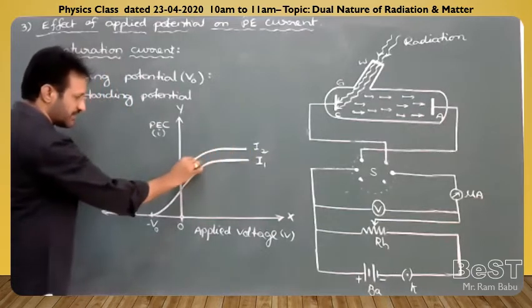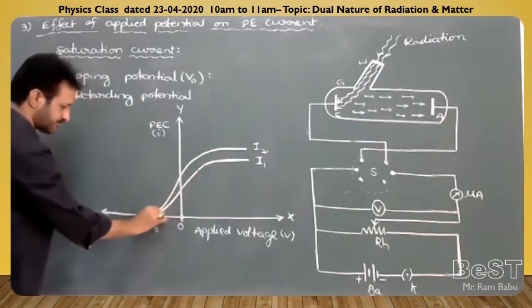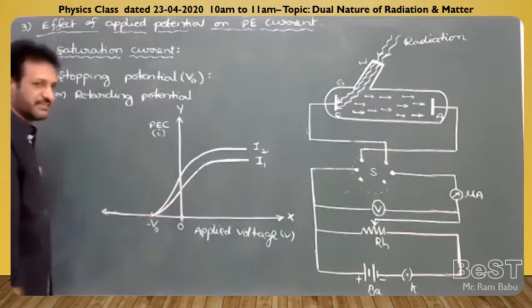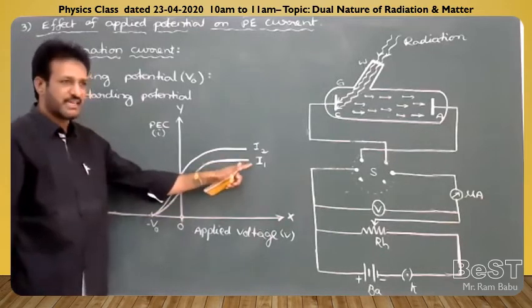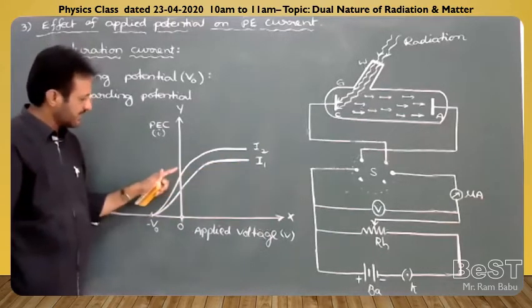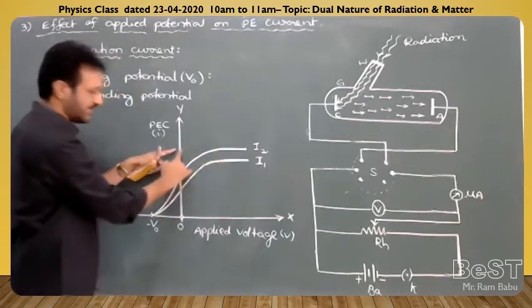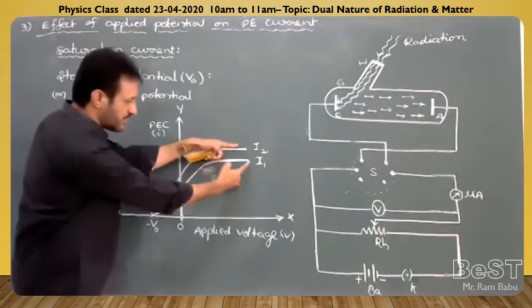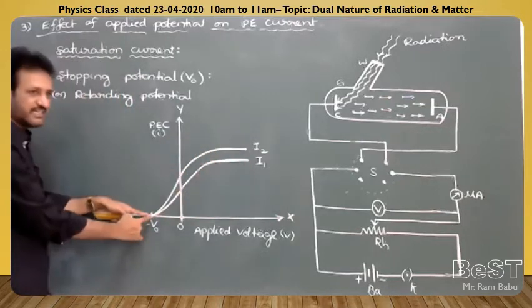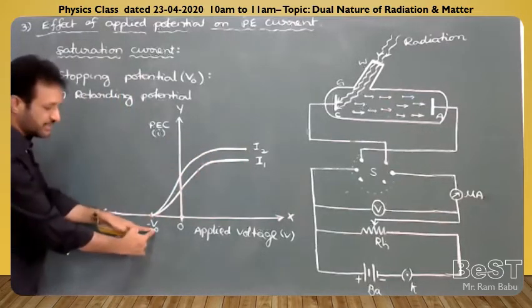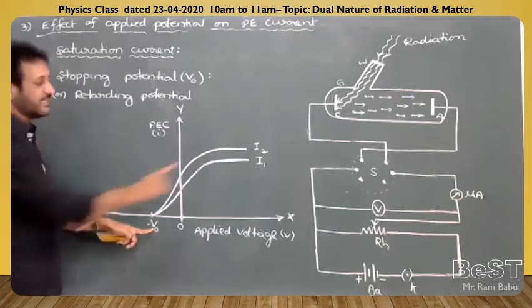So the saturation current value changes, but observe this carefully. Whenever the intensity of the light is I2, the current also changes, but finally both the curves touch at the same point. That means stopping potential does not depend upon the intensity of the light.